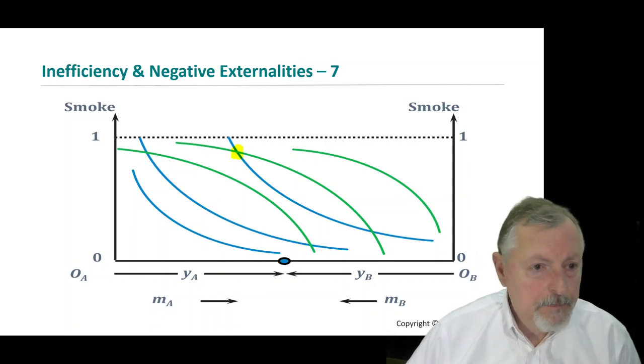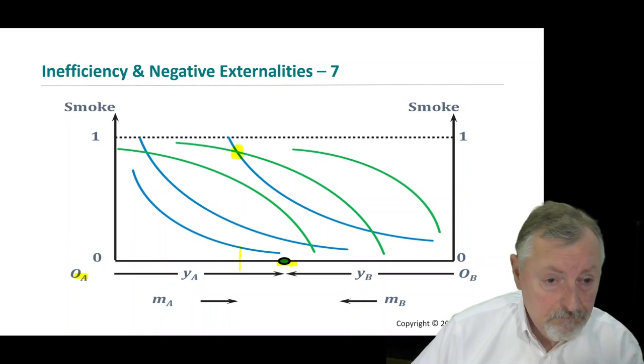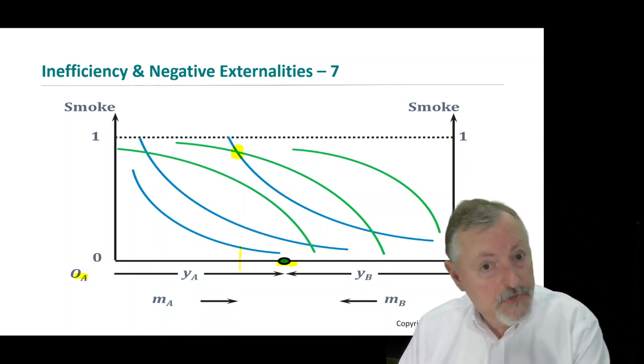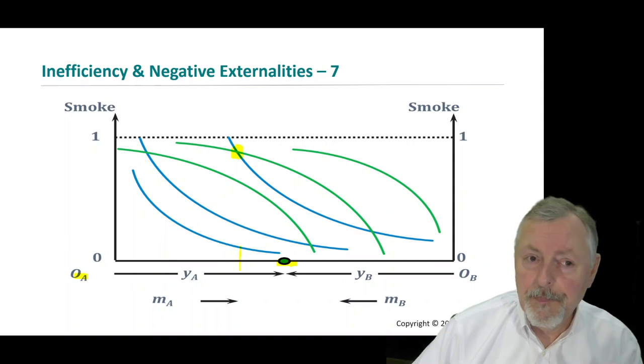In this case, person A has, ignore this blue point down there, a good amount of money, because more of this person is to the right, but this person has a lot of smoke. So this person's on this high blue indifference curve.